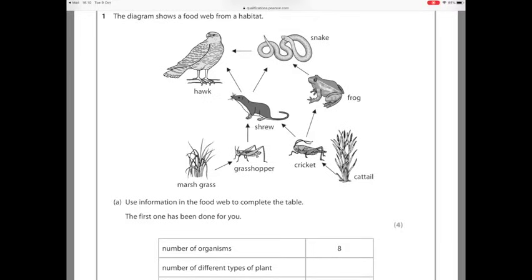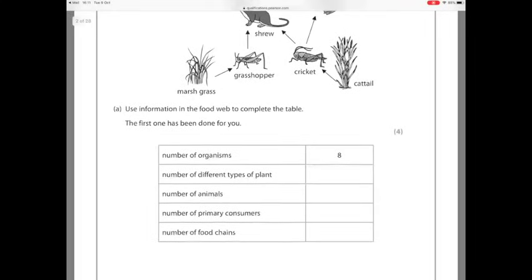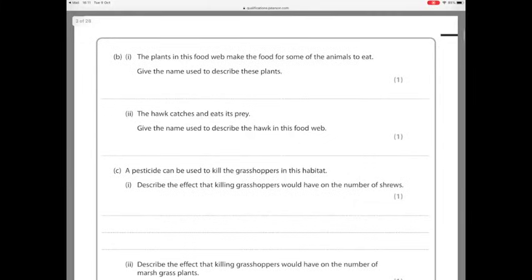Food chain 2 is the same but includes the snake before the hawk, so that will be the second one. Food chain 3 is the cattail, cricket, shrew, hawk. Food chain 4 will be the same but include the snake. And then food chain 5 will include cattail, cricket, frog, snake and hawk. So that was pretty tricky, but the answer here is 5.